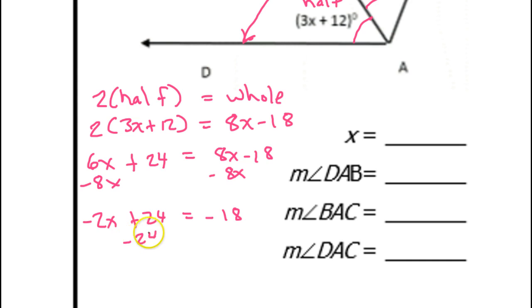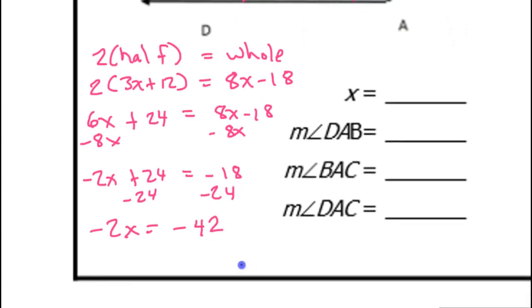Subtracting 24 from both sides will give me negative 2x is equal to negative 42. And then dividing both sides by negative 2 will give me x equals 21. All right, so x is equal to 21.